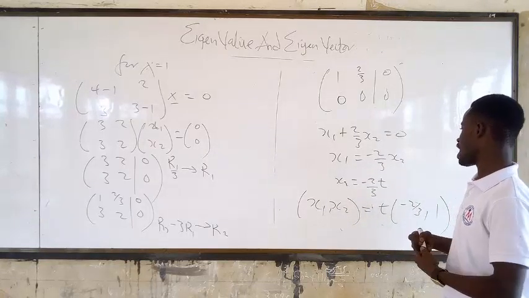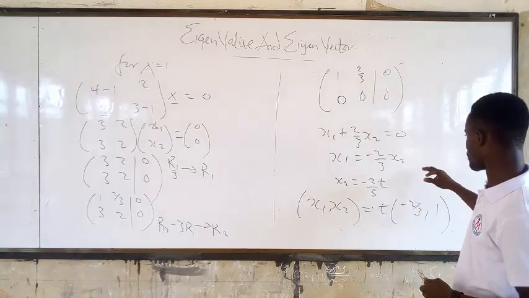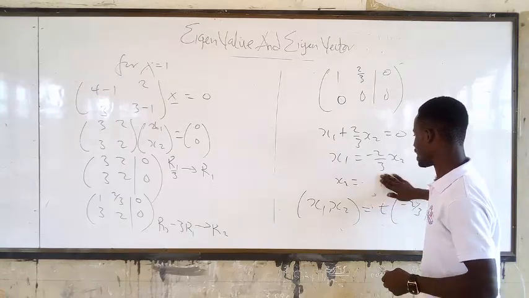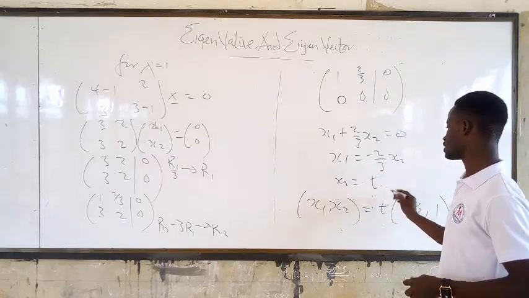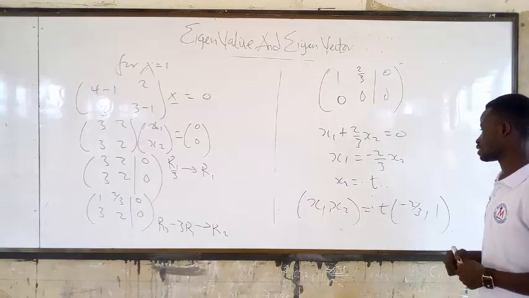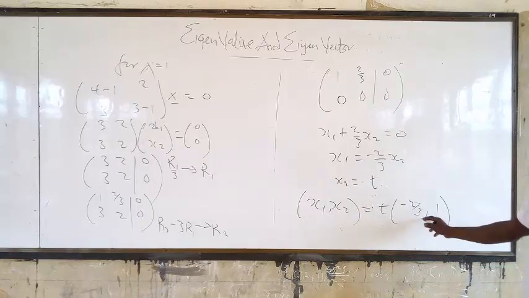So that means x2 will be equal to t. And when it happens like that, you are going to get this.